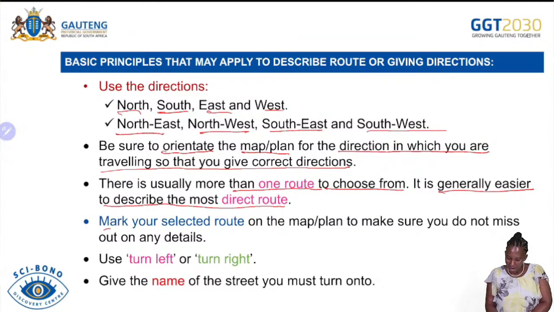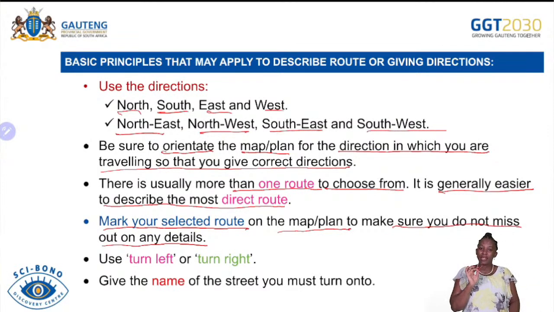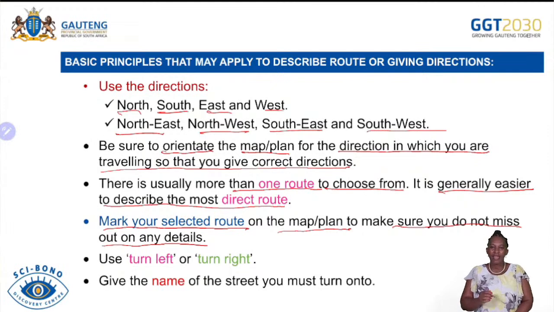And then also mark your selected route on the map or on the plan to make sure you do not miss out any detail. Remember what I said, the landmarks. So you must tell me that when I go, say, to Mall of the South from Kyalami, from the gate, when I move out of the gate, I must turn to my right, and then drive up until the robots.